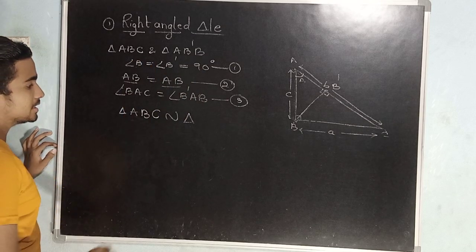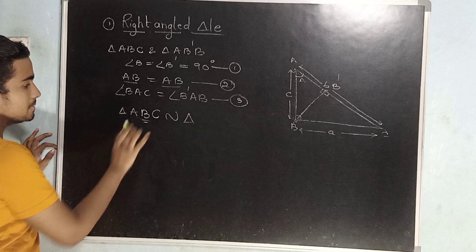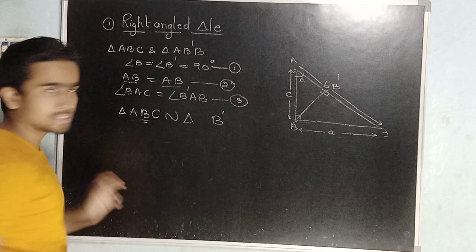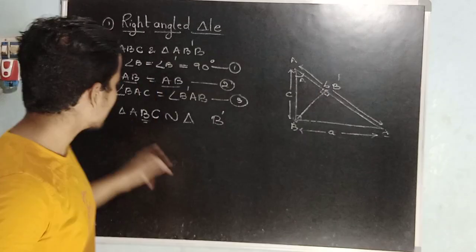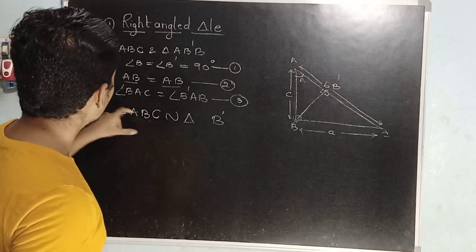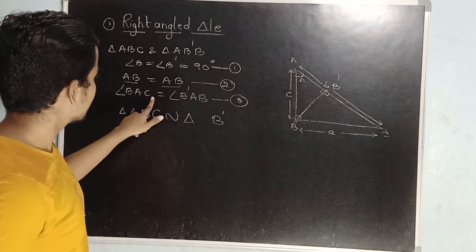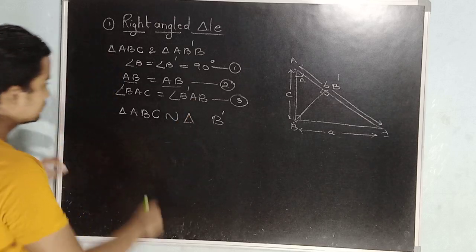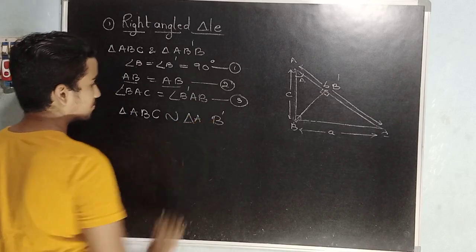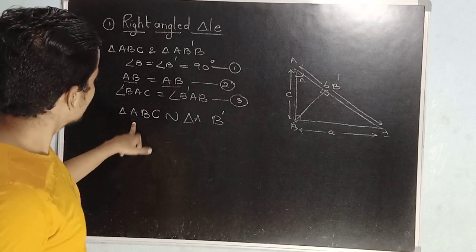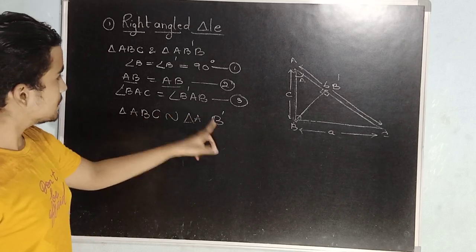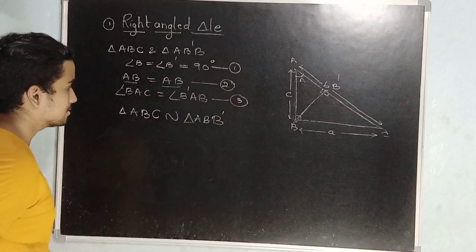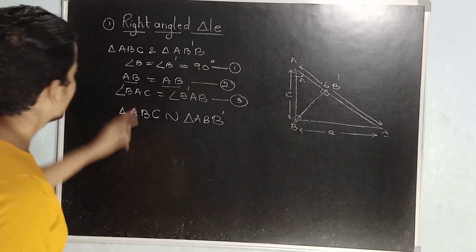Here angle B is 90 degrees, this middle angle B is 90 degrees, so angle B dash should be at the middle for triangle AB dash B. Now BAC is nothing but B dash AB. Angle A is common, right? Both B and B dash are 90 degrees. Angle A is common and the remaining angle is the same.